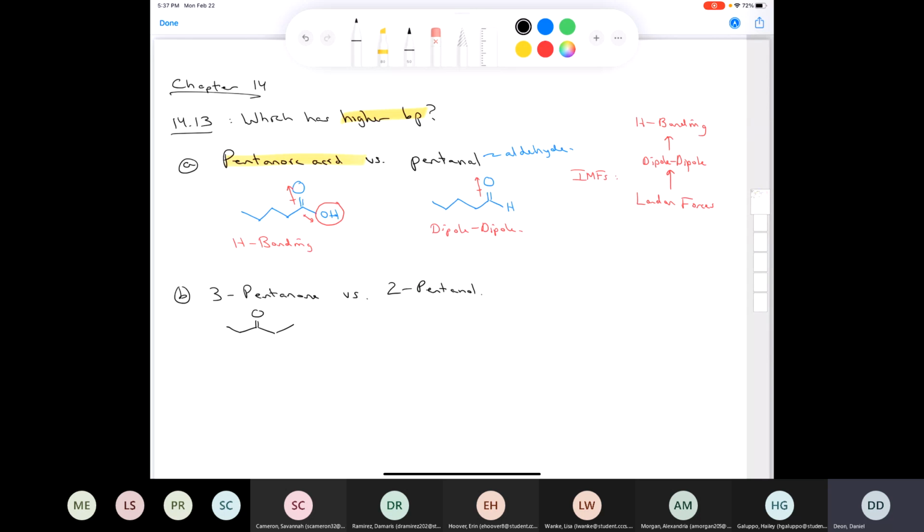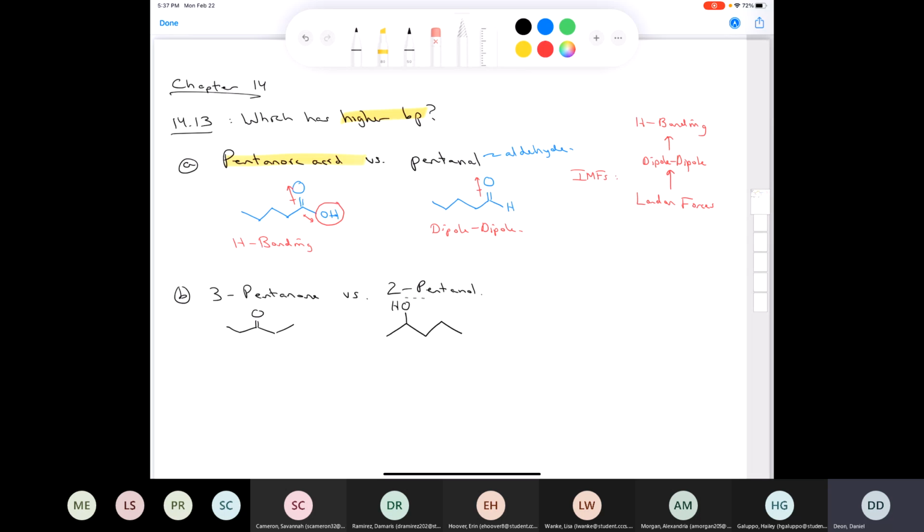So that would be 3-pentanone. And if I draw 2-pentanol, I have to have 5 carbons, 1, 2, 3, 4, 5. But with the suffix -ol, that means this is an alcohol. So on the second carbon, I'm going to put a hydroxyl here.